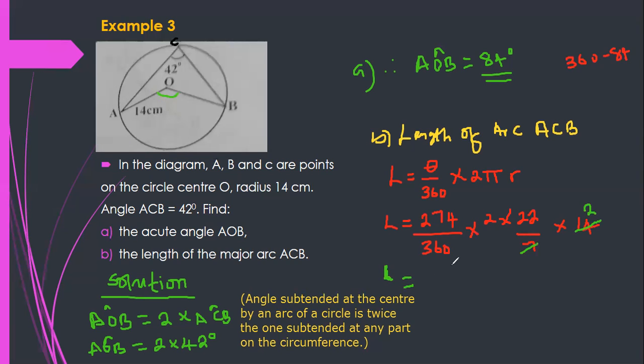We should have 24,288 divided by 360. So what do we have? Let's punch the calculator and see. Okay, so we have 67.47 centimeters. So this is the length of the major arc ACB.